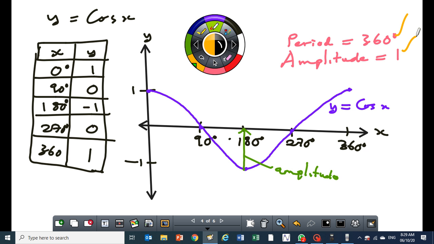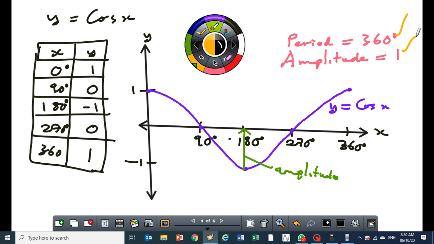For the cosine graph, the amplitude is the distance from the x-axis to the minimum turning point. It is also the distance from the origin to the maximum turning point. Or we can say it is the distance from the x-axis at 360 up to the maximum turning point. But I prefer you use the other way, from the origin to the maximum turning point.